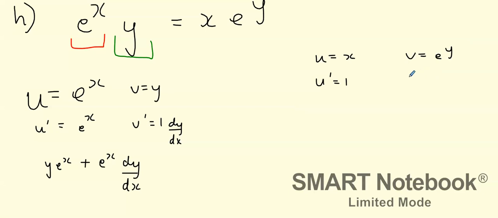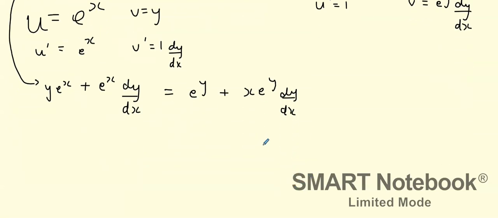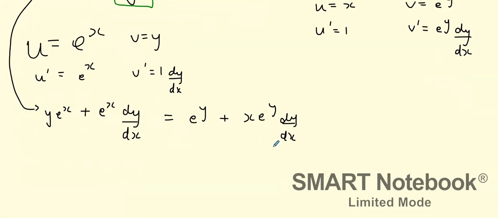When we differentiate e to the y, it's going to remain as e to the y, and we get dy by dx. Okay, so hopefully you got that. Now, if I use the product rule there and continue my differentiation, v u dash, e to the y plus x e to the y dy by dx. So hopefully this is what you get.